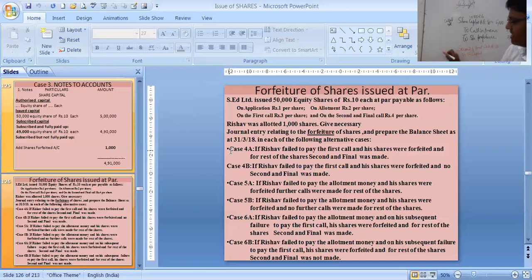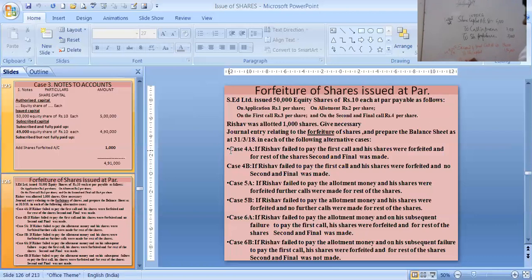Now, how many shares? Over here, 49,000 shares, because 1,000 shares of Rishabh, second call is not made on them. So 49,000 into 4, that is 4,000 less from 2 lakhs, that is 1,96,000 rupees called. And everybody has paid the money because nothing is mentioned in the sum. That means everybody has made the payment.